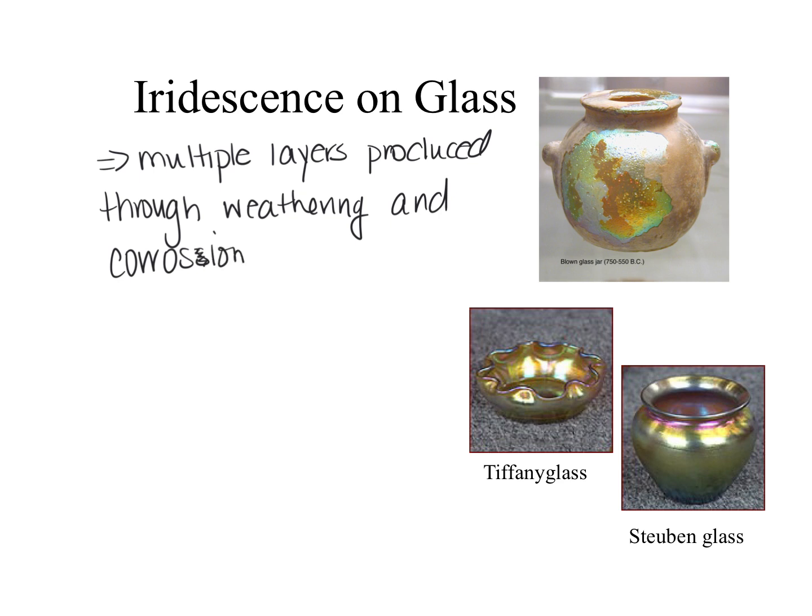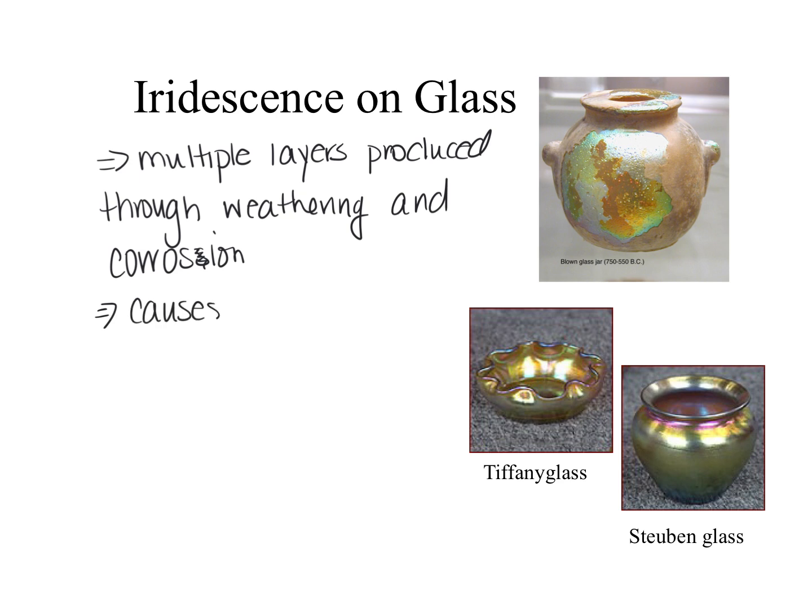I feel like I put too many S's in corrosion, so pretend like I spelled it right. And this weathering and corrosion, the reason it gives the iridescence, which is the shiny colors that you see here and here, right? So these are the different glass samples that I have for you.